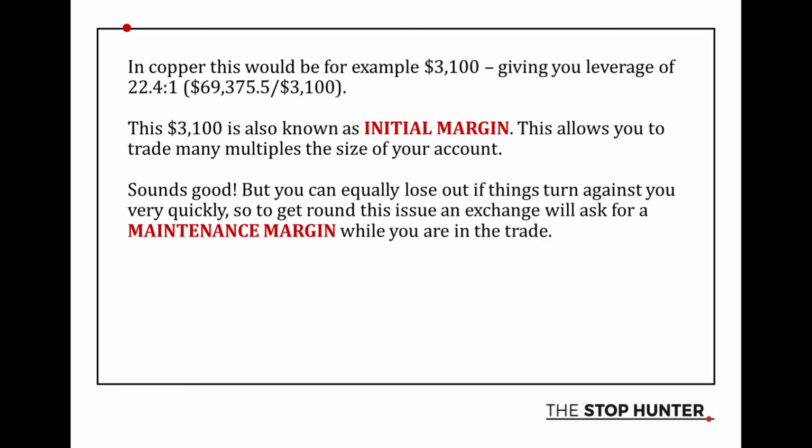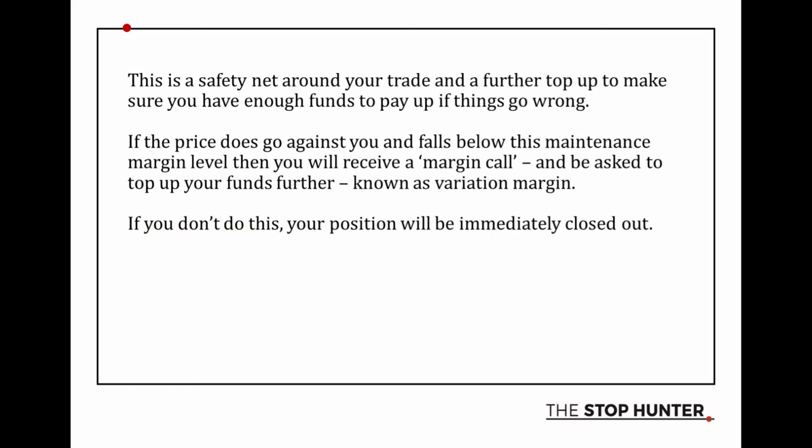But on top of that, there's something called maintenance margin, where the exchange has you keep a top-up fund, so if prices move against you, that can always keep that initial margin balance healthy and your account healthy, so if there are any adverse moves you are well covered.